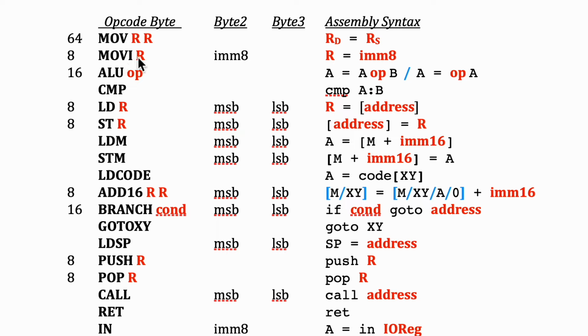The next instruction that we want to look at is the move immediate instruction. And this is a 2-byte instruction. The second byte is an immediate 8-bit value, and that value will be moved into one of the 8-bit registers. So over on the far right, I'm suggesting what the instructions do, and I'm also hinting at what the assembly syntax is.